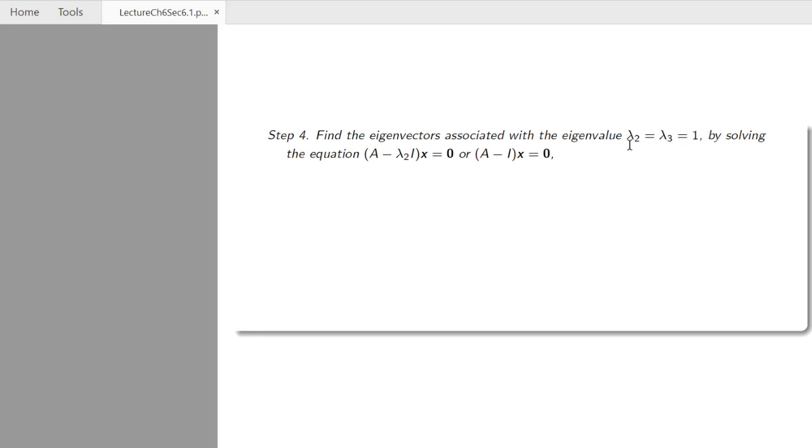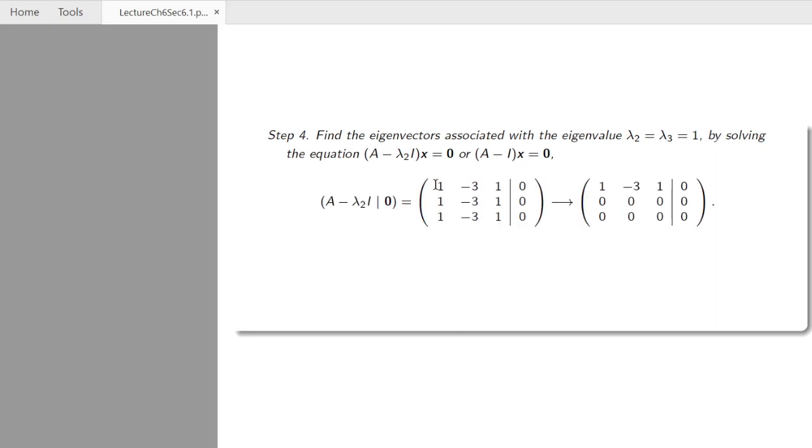Now, to do this, we need to solve the system A minus lambda 2 I times x equals 0, or A minus I times x equals 0. We use the same approach as we did in step 3.